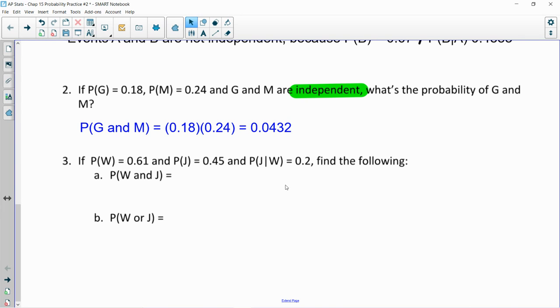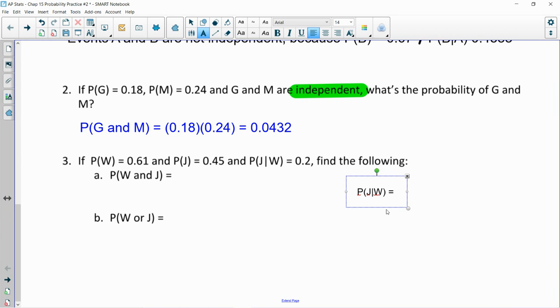When we talk about conditional probability, let's go ahead and rewrite that. I'm going to make it a little bit easier. If I was talking about the probability of J given W, we could break that down.